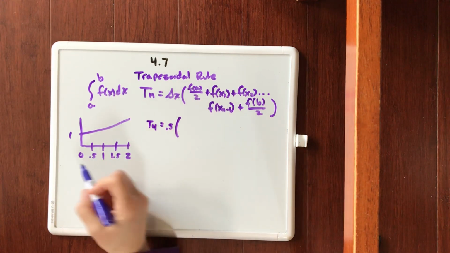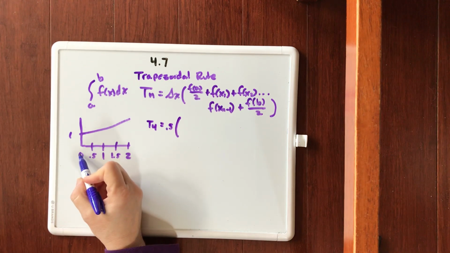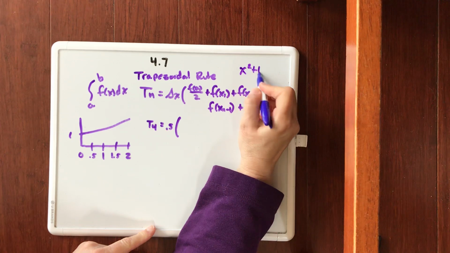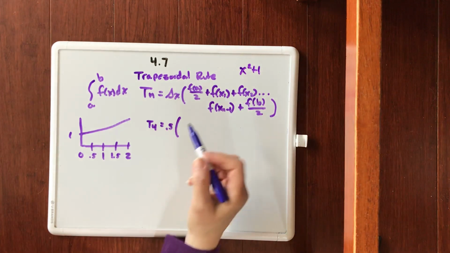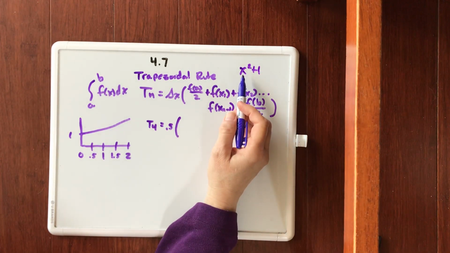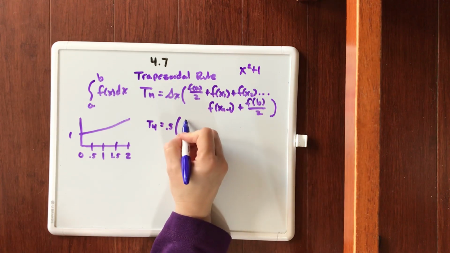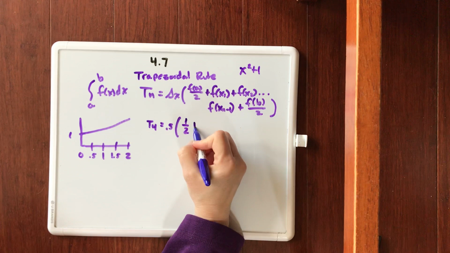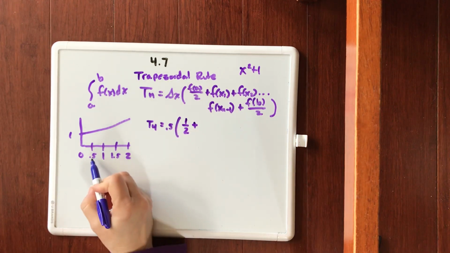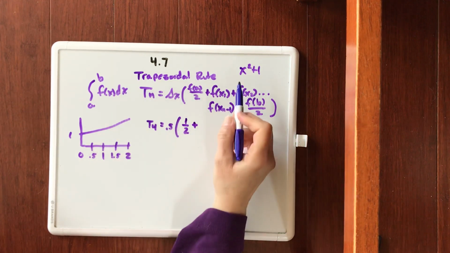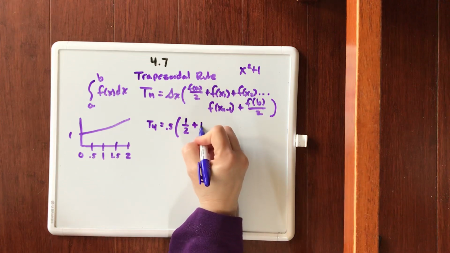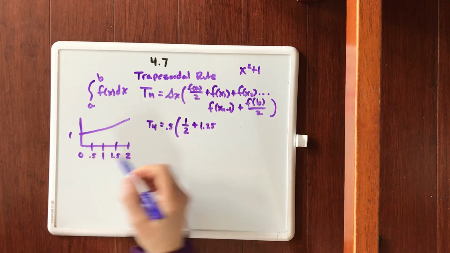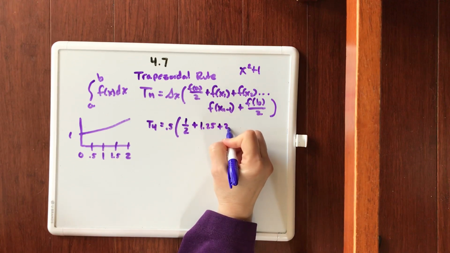F of a over 2, well, a is 0. F of 0, remember we've been doing x squared plus 1 is our function. So we put a 0 in there, and we get 1 over 2. That's f of 0 over 2. Now we're going to put 0.5 in there. If we put 0.5 in there, we have 1.25. If we put a 1 in there, we have 2.